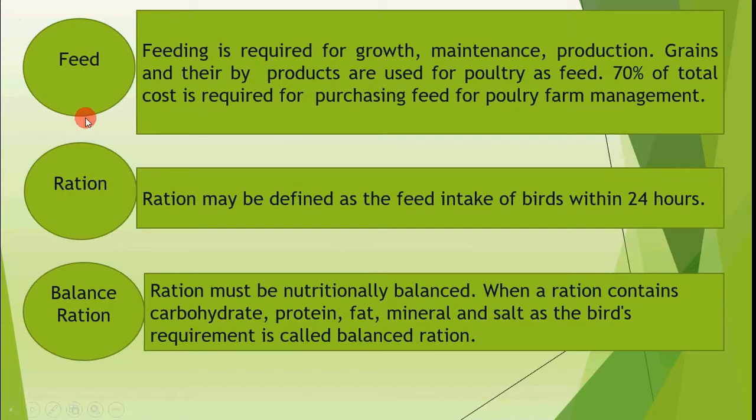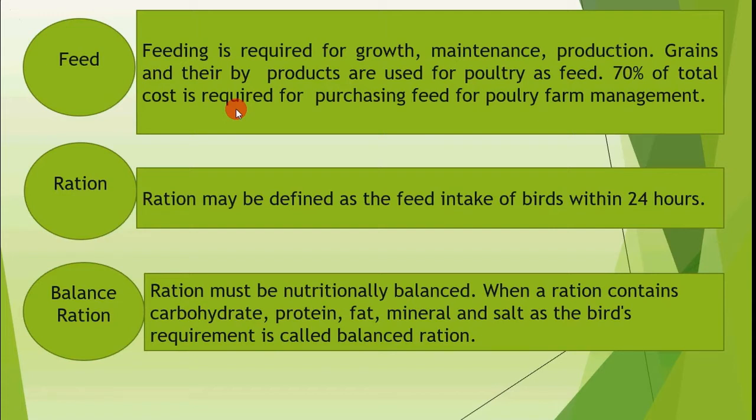First of all, have a look here. I write it down here: feed. What do you mean by feed? For poultry feeding in a poultry farm, this is the first requirement of a farm. About 70% of the cost is required for purchasing the feed in a poultry farm.